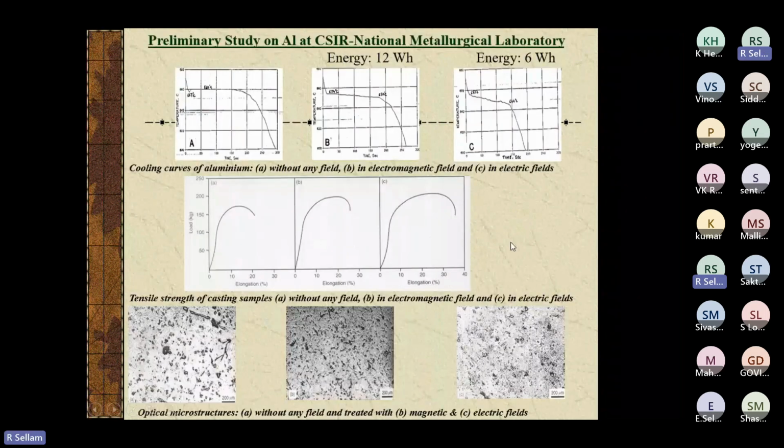And why is it so? A lot of aluminum oxide dross is not removed when you just melt and cast. In the presence of electromagnetic stirring, the dross becomes refined and is organized in some way, broken in some areas, so that we can get some improvement in the mechanical properties. Here, the volume fraction of dross is further reduced compared to the other two states, so you get further improvement.